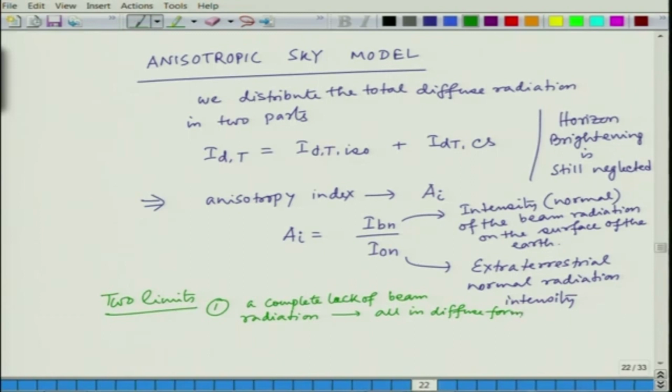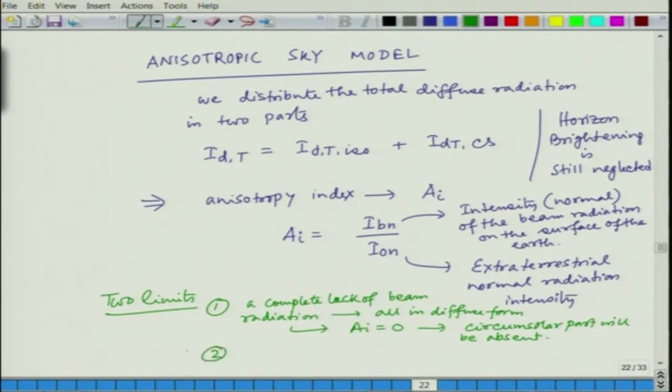So, basically it means it is a completely cloudy day, you cannot see the sun, then how can you have anything specially bright portion around the sun. So, circumsolar part will be completely absent, right. So, this means that when AI is 0, then the circumsolar part will be absent, right. That intuitively makes sense, right.